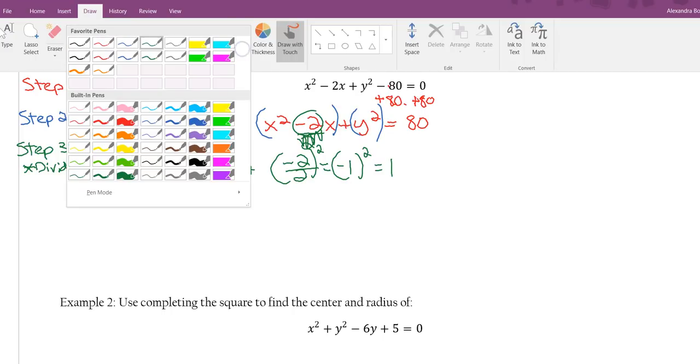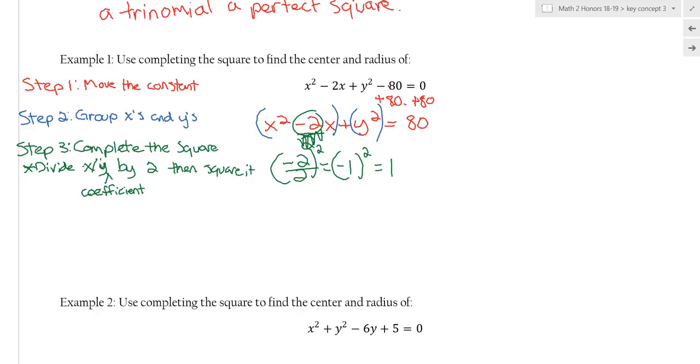The next thing we have to do is step 4. Add the answers to the left and right side.